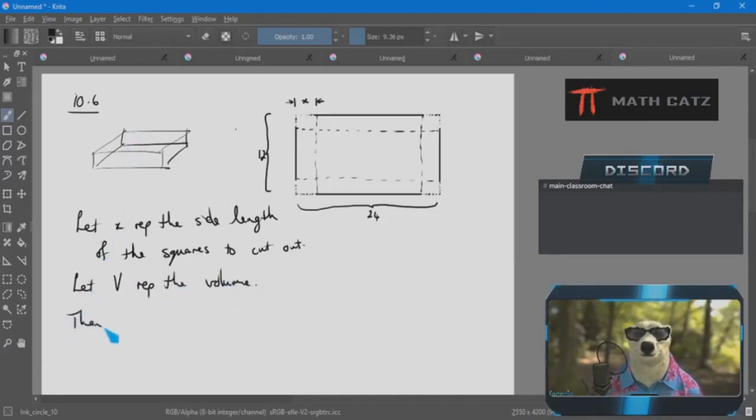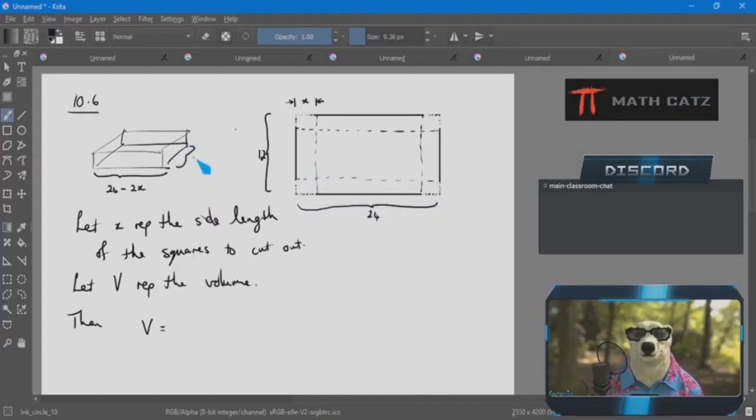Then I need my volume calculation, which is the area of the base times the height. Now, once I folded it up, it changes the length to the original 24 minus 2 X lengths that were cut out on either side.